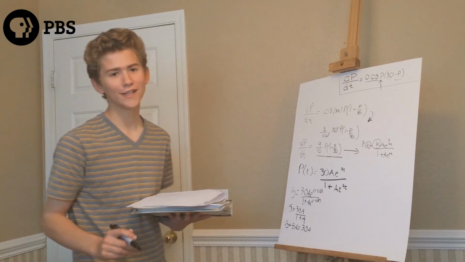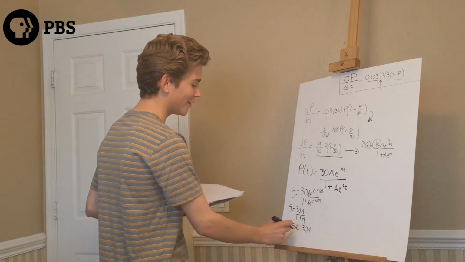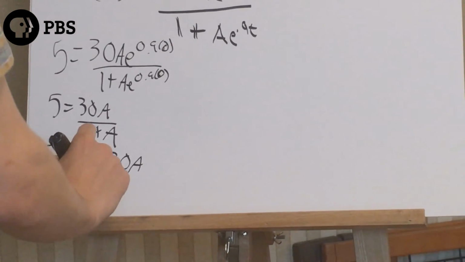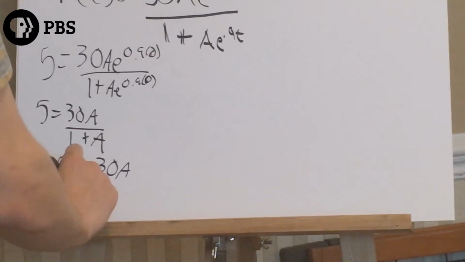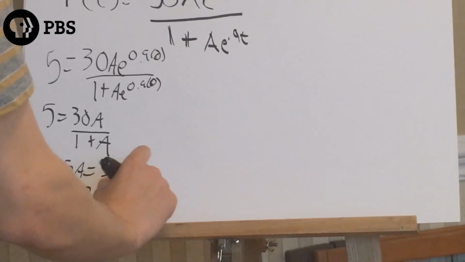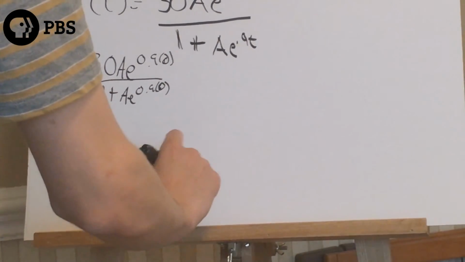Now, if you took Algebra 1, 2, you know how to do this. Just combine the like terms, subtract the A's over, you get 5 equals 25A. So, A equals 1 over 5.